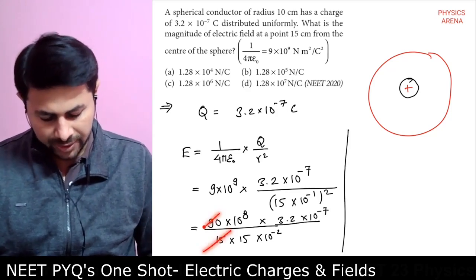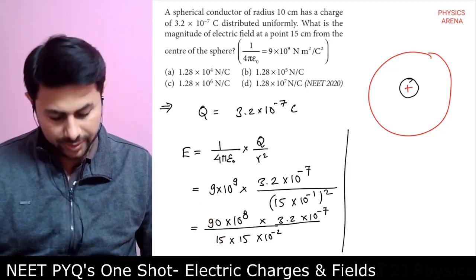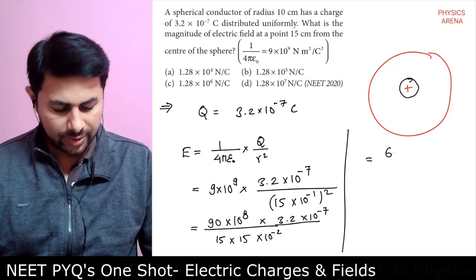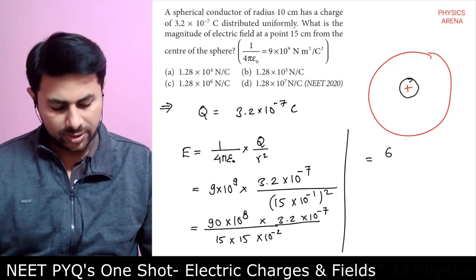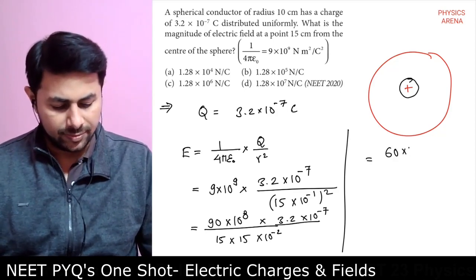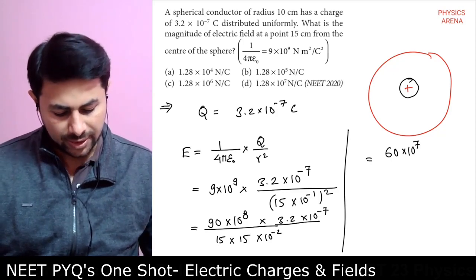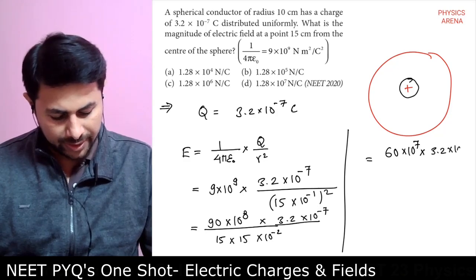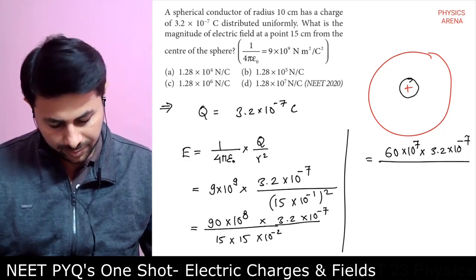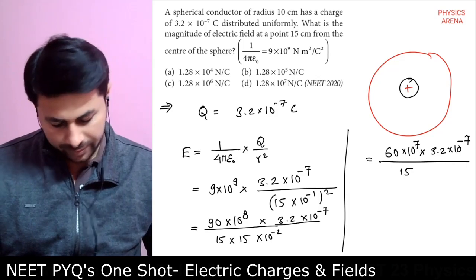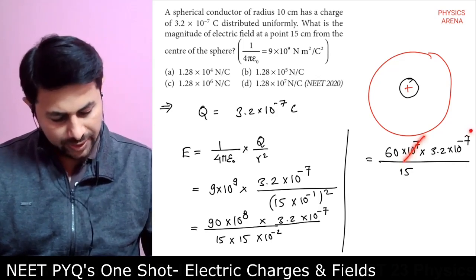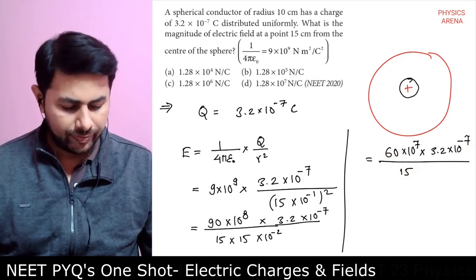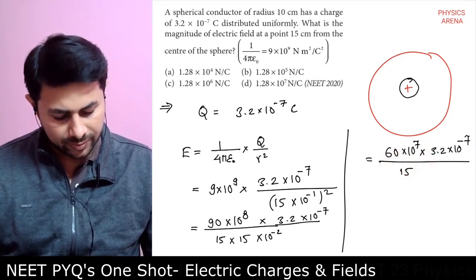Okay, 15 6s are 90, right? So then you have 6. So I will take one more 10 out of 10 raised to 8, so I will make it 60. So it is 60 times 10 raised to 7 multiplied by 3.2 multiplied by 10 raised to minus 7 and divided by 15. So the 10 raised to plus 7 and minus 7 get cancelled out. 60 divided by 15 is 4. 4 times 3.